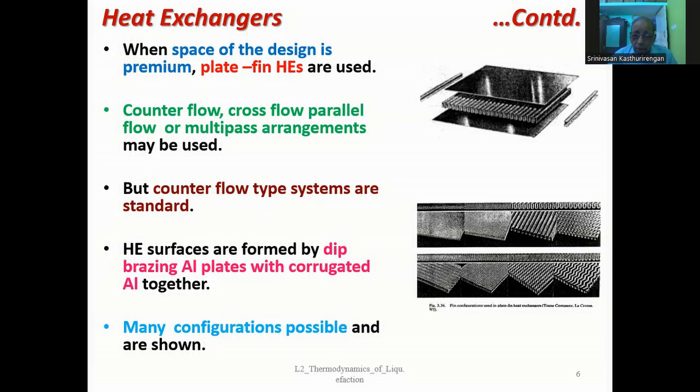Now, when you do this, you generate two channels. The channel in the upper space, between the plate and the corrugated material, and similarly, you also generate another space between the bottom plate and the corrugation. Okay. So now the gas can flow through the corrugations.